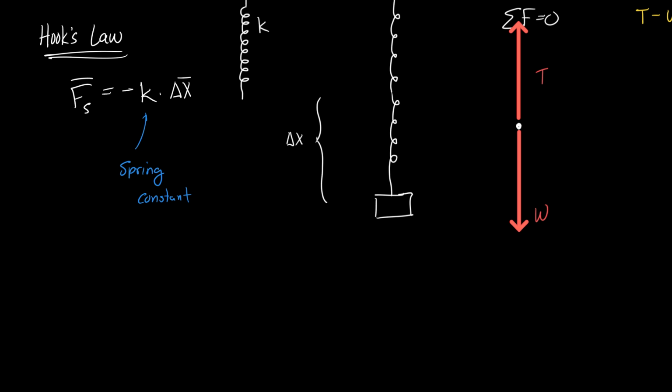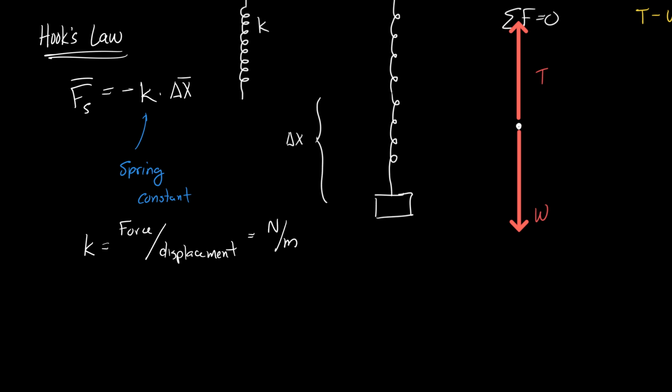Also, if you look carefully, you'll notice that k is the ratio of force over displacement. If I solve that for k, get rid of the negative sign, I get force divided by displacement, which has units of newtons per meter.